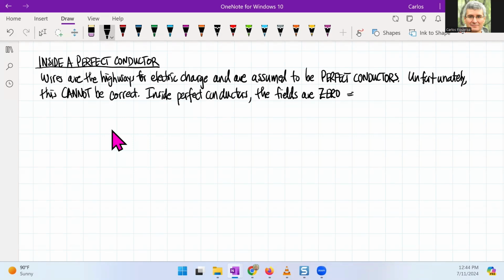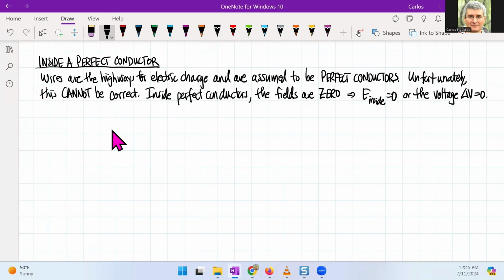In other words, the electric field inside a perfect conductor is equal to zero due to polarization, or the voltage delta V is equal to zero. So that means here that charges can't move.